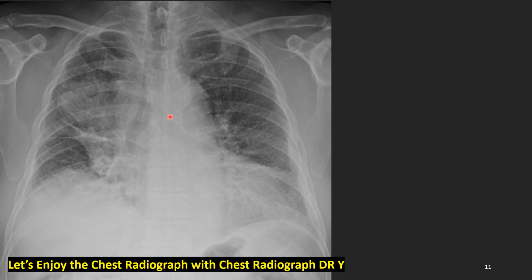Not a simple SPN, but usually a large mass in the right upper lobe, with perhaps another mass in the middle or lower lobe zone. Anyway, a very large mass here. And we see obliteration of the right paratracheal stripe.